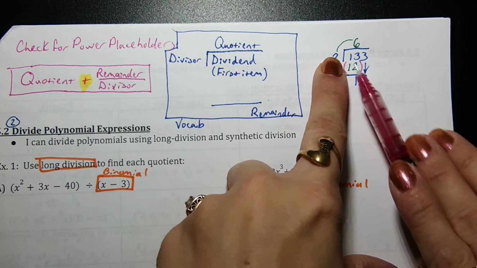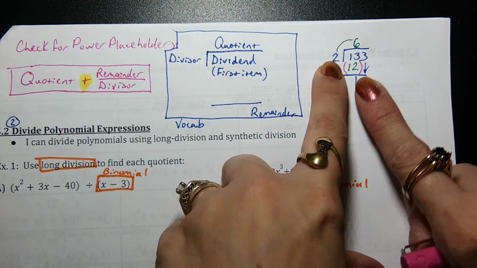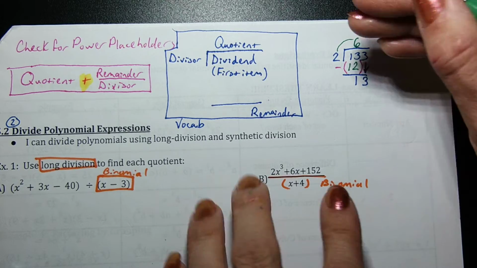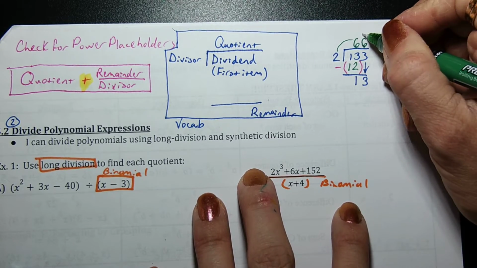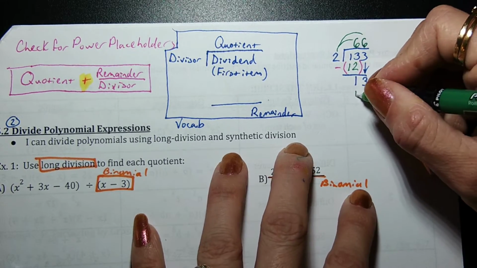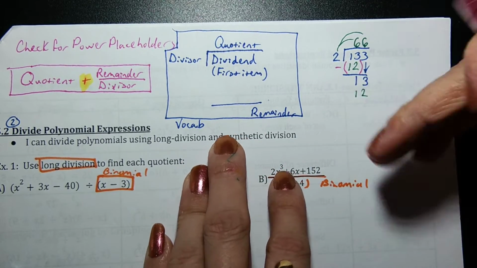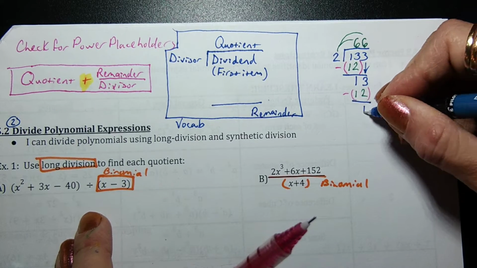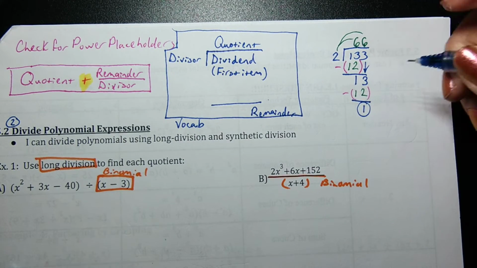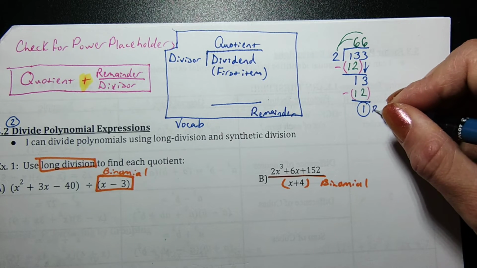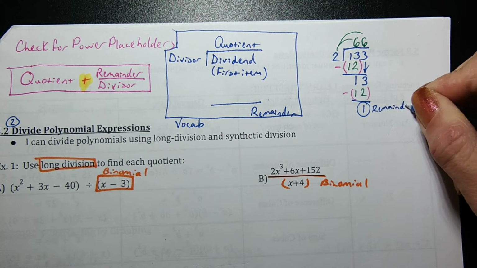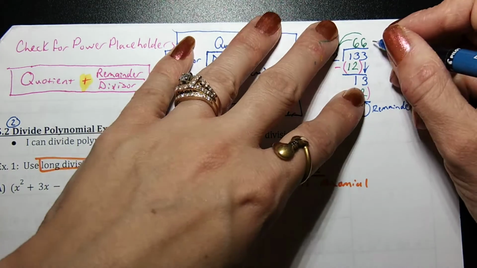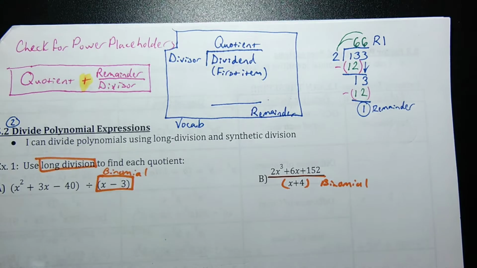So that's not the answer yet because we just brought down this digit. Now I can say 2 times what gets me close to 13? 6 again. So then 6 times 2 is 12. Enclose in parentheses and subtract. And we get 1. 1 is what we call the remainder. Now, back in middle school, a lot of times they'd have you say 66 R1. Do you remember that?